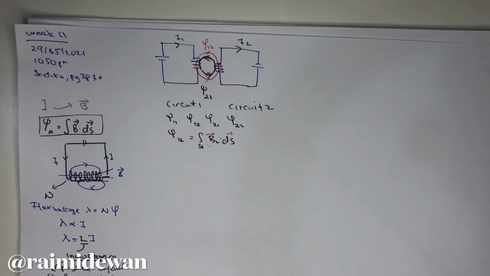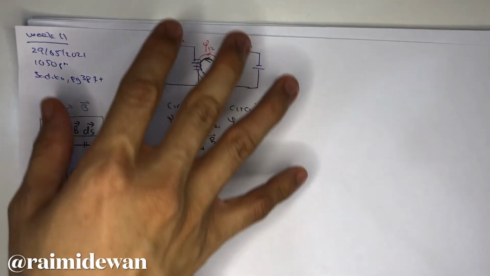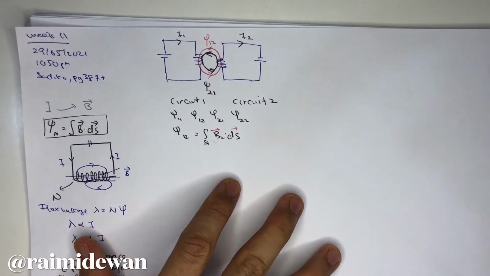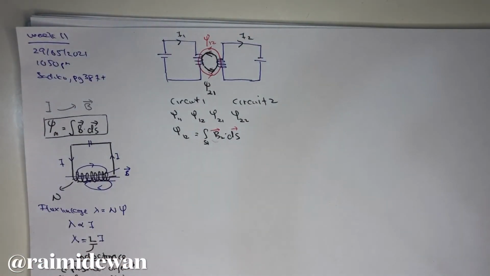And then in school you also get to know about mutual inductance. Am I correct? So here we also have mutual inductance. We define the mutual inductance as the ratio. So first you have mutual inductance.